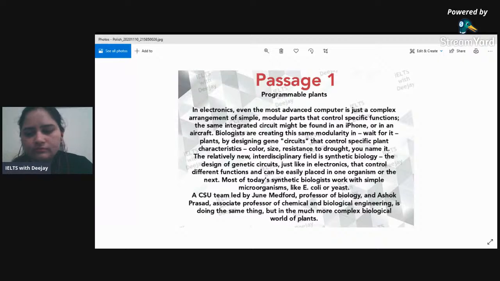The first answer that we got is false. Okay, can you tell me the reason why you have written false here?